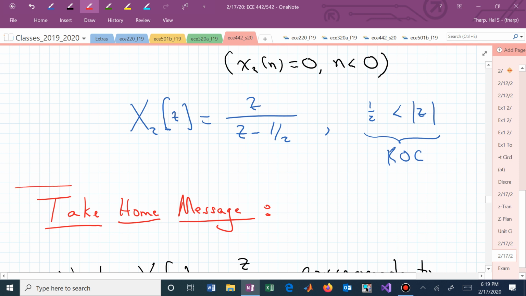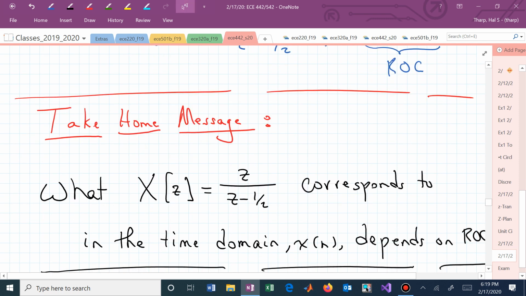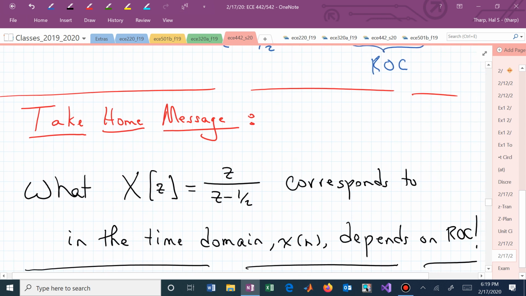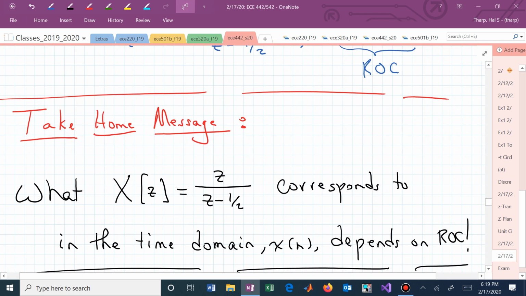Take-home message. After case 1 and case 2, here's our take-home message. What capital X of z equaling z over z minus 1/2 corresponds to in the time domain, little x of n, depends on the region of convergence. You could have that exact same transform and interpret it two different ways without somebody telling you the region of convergence. You could say, oh, that's corresponding to these unbounded sequences with n negative.